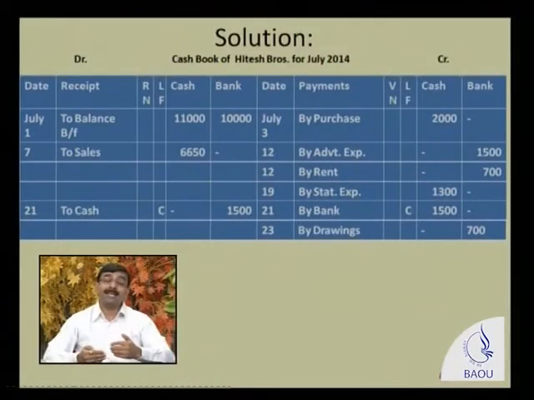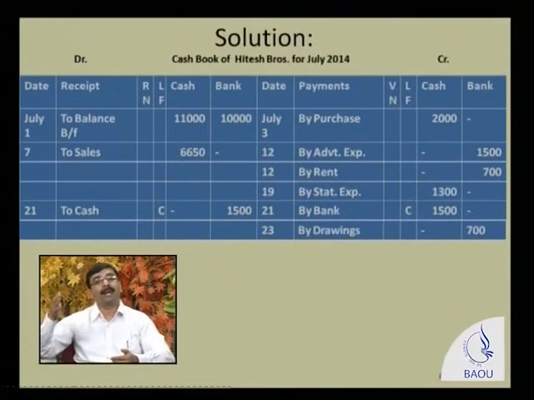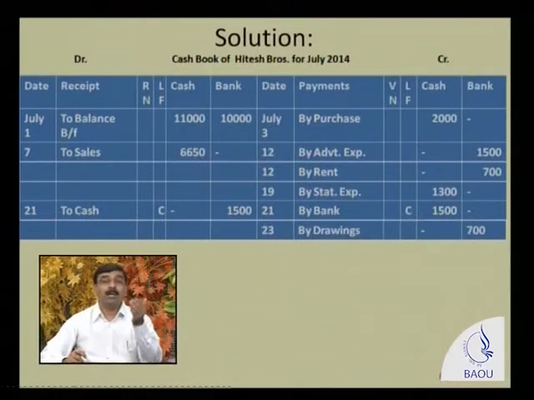Drawings are withdrawn and it's a payment for the business, so it is recorded on the payment side. Dated 23rd, the journal entry is drawings account debited to bank account. So the drawings account is recorded on the payment side, and in the bank column 700 rupees paid as school fees for a daughter is written.